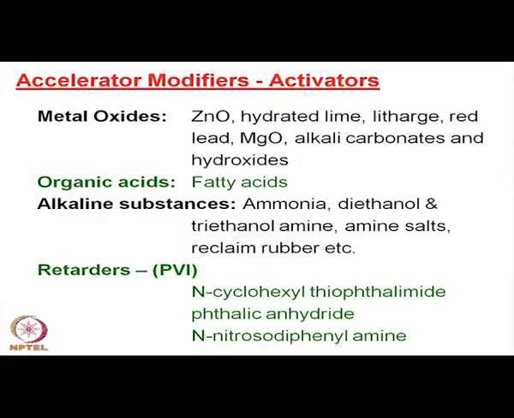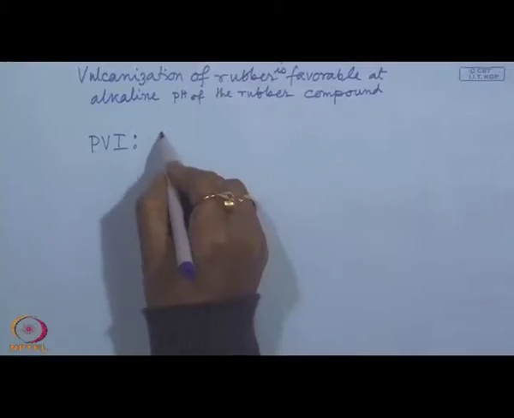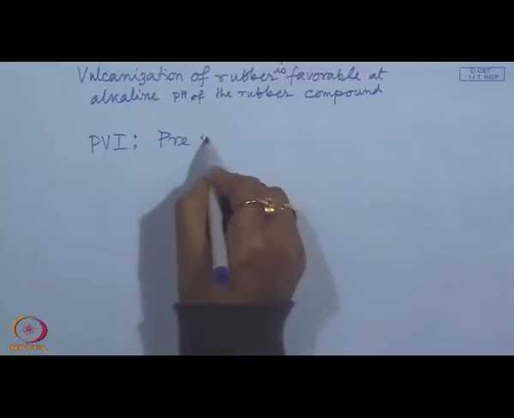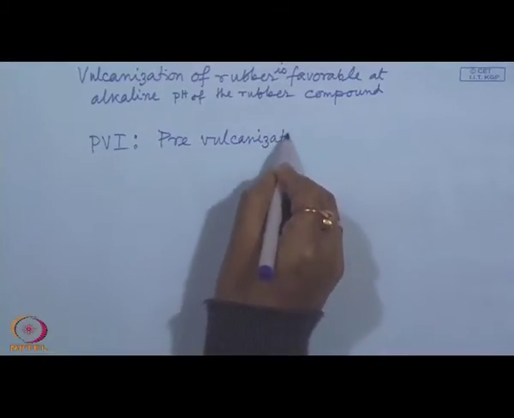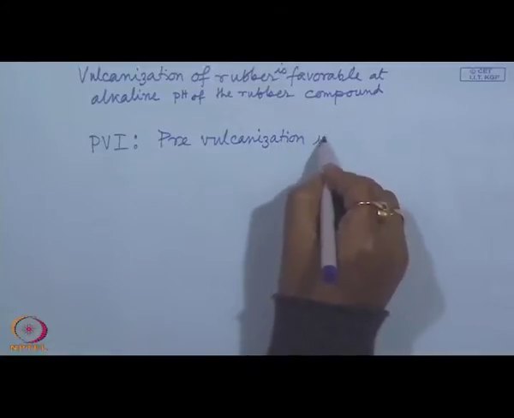Then there is another class of compound used in rubber products, which is known as retarders. Retarders are sometimes called PVI. Basically PVI is pre-vulcanization inhibitor.